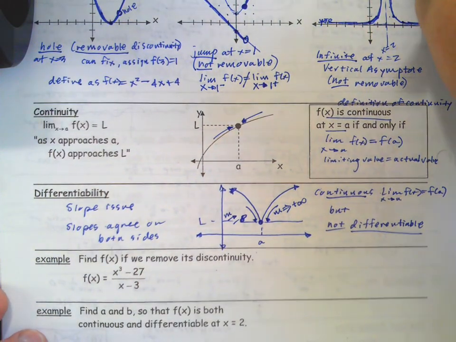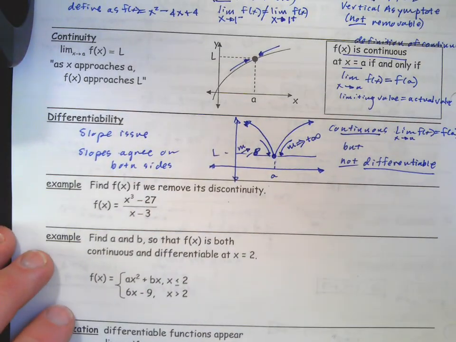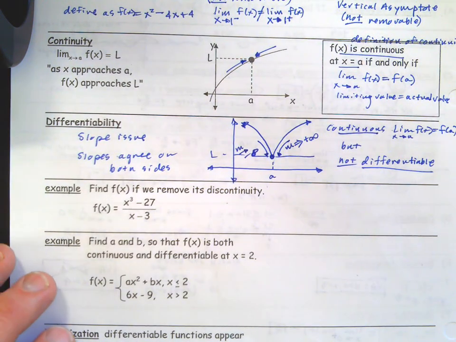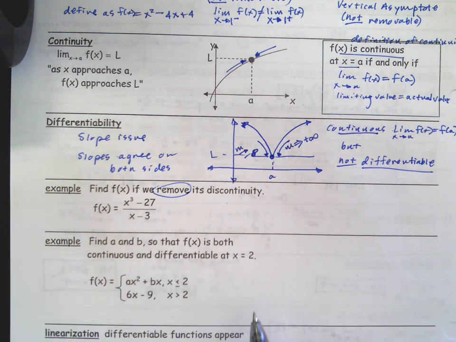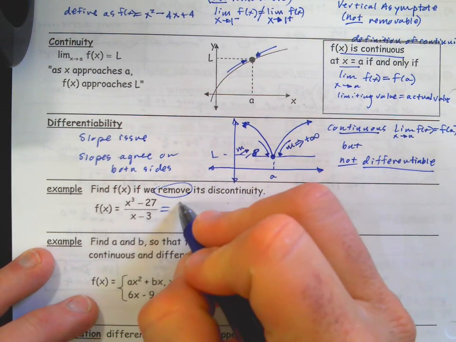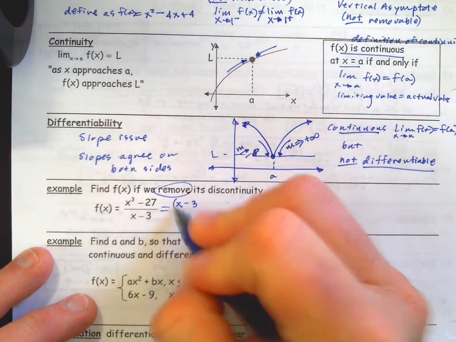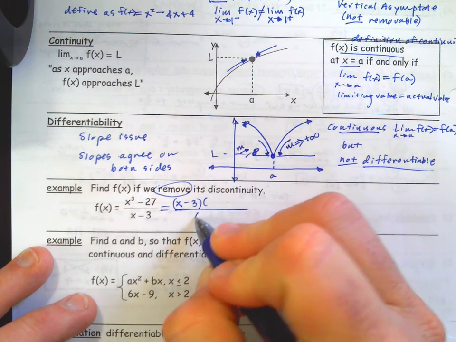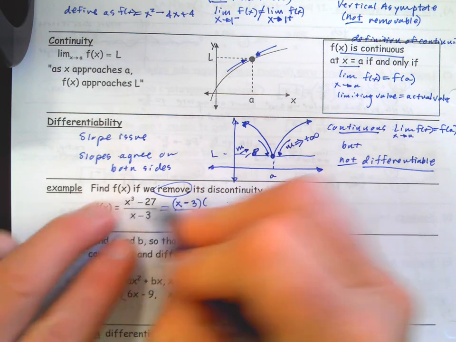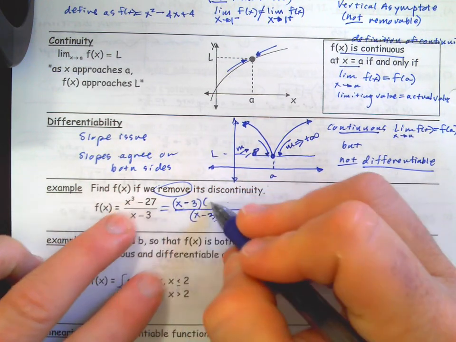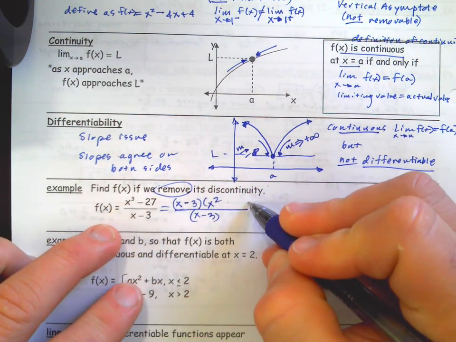So here's some examples like you might find in your homework. Find f of x if we remove the discontinuity, which must mean that it's a hole, right? So let's try and see if we can find the hole. This is the difference of cubes, so that's that whole SOAP thing. x and 3, whatever's cubed, just the first power, squared. 3 squared is 9.